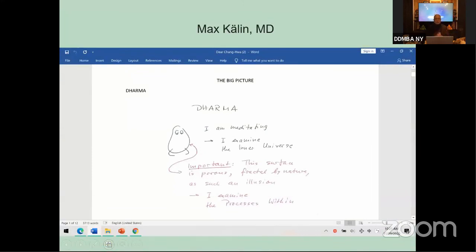This is one of our masters, Dharma heir, Max Kalin. I talked to him a lot when I was a layperson, when we met in the retreat. And I discussed a lot with him because we were both scientists. He one time told me that he wanted to develop experiments.